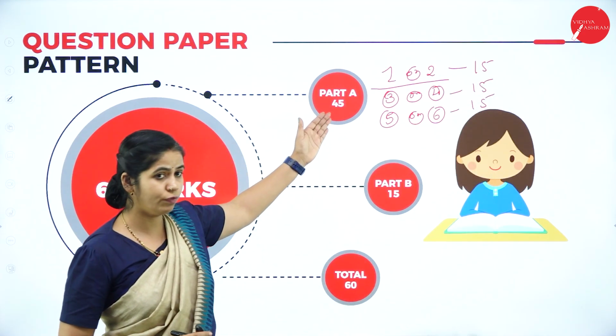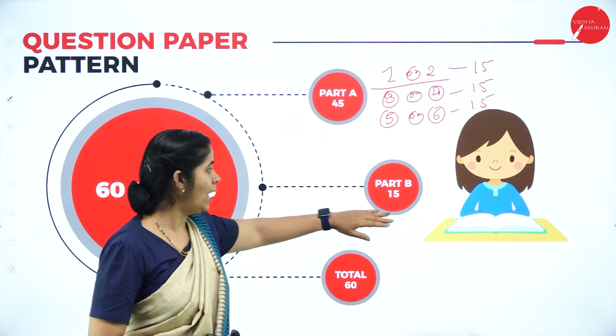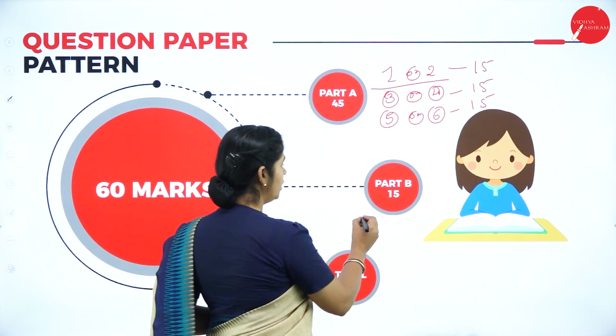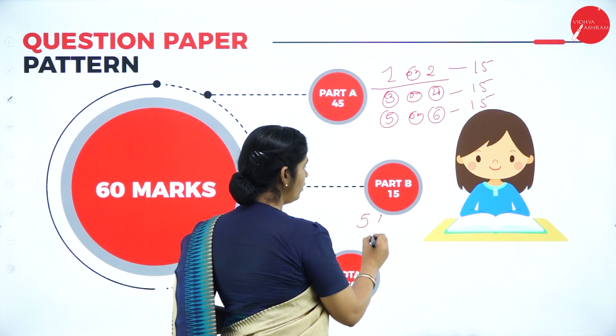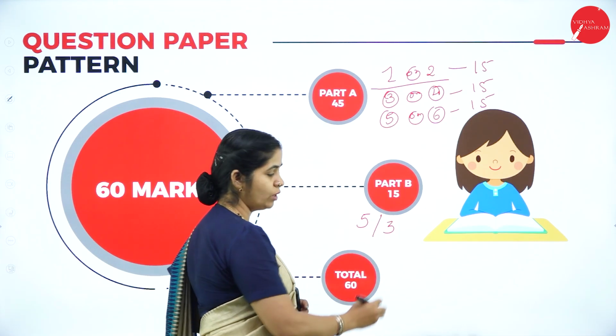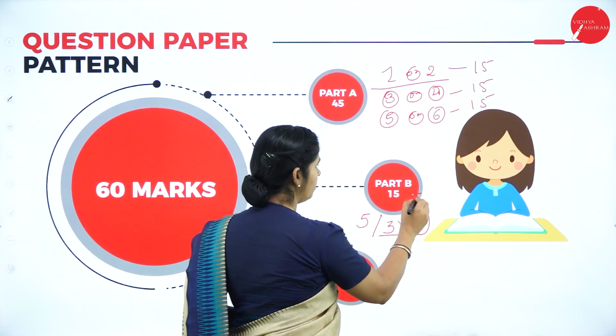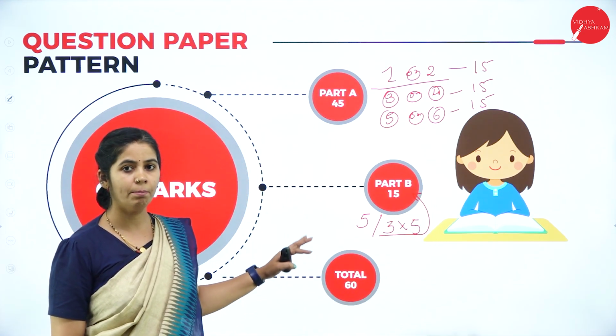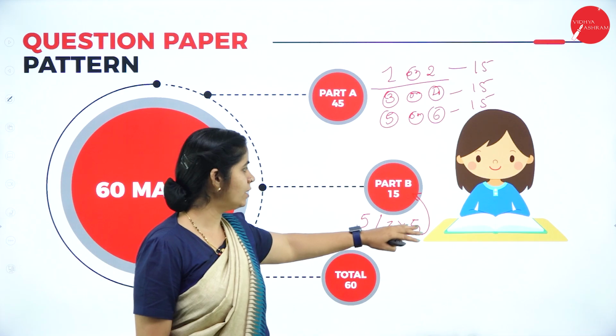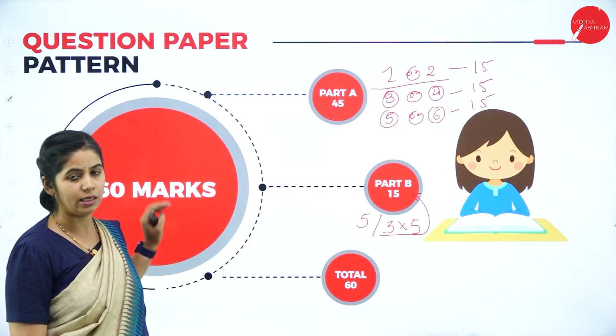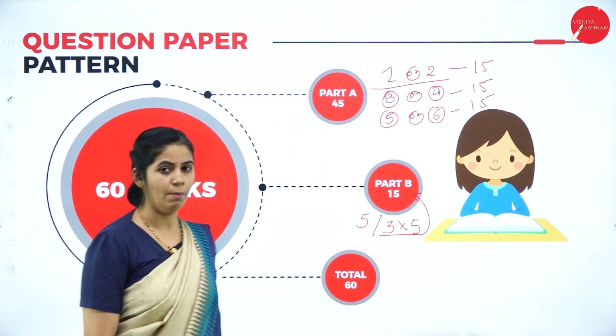Totally, we have part A for 45 marks and part B for 15 marks. You will be given 5 questions, out of which you have to answer 3 questions. Each question will carry 5 marks, so the total will be 15 marks in part B. 45 plus 15 marks will make the final exam for 60 marks.